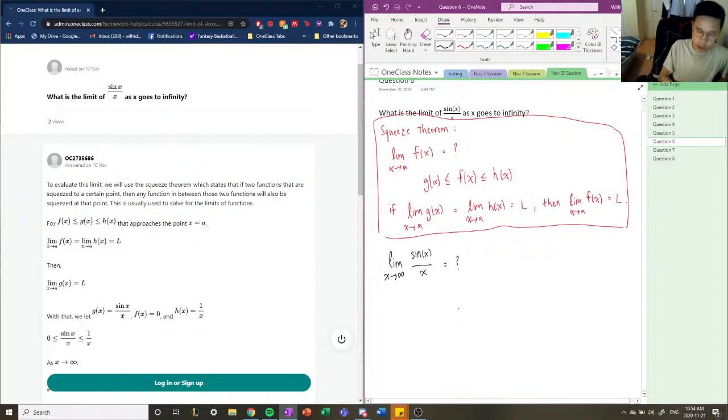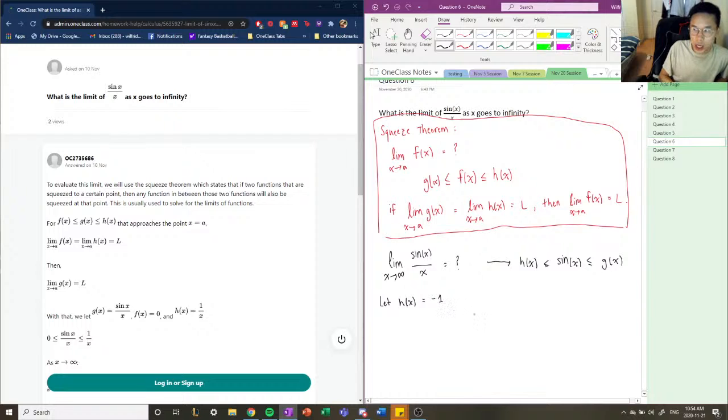So using our squeeze theorem, let's squeeze sine of x between two different functions, g of x and h of x, okay? Let h of x equal -1.